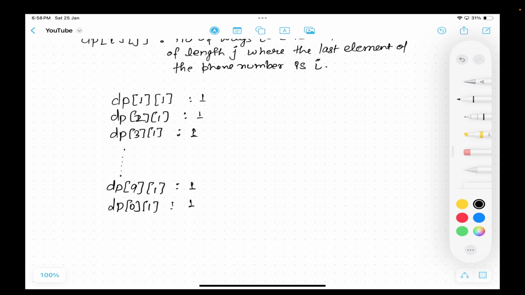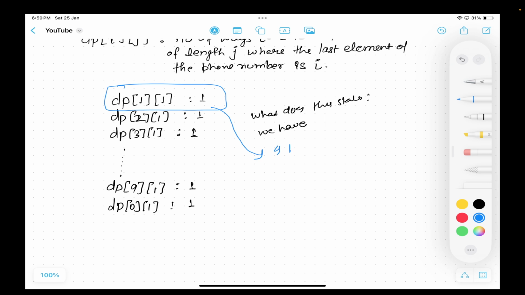Now, what does it mean? What does this state mean? If I try to write the definition of this particular state, I have a phone number of length 1 which is ending with 1.